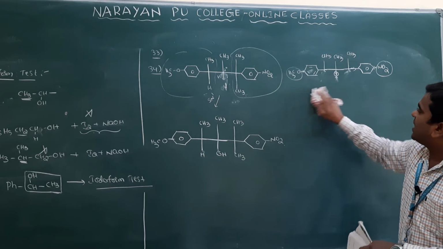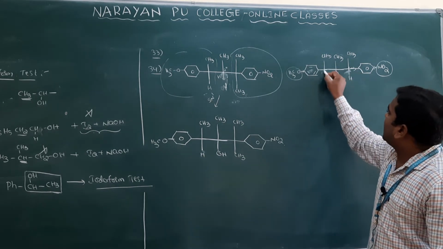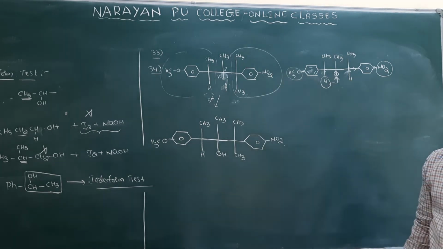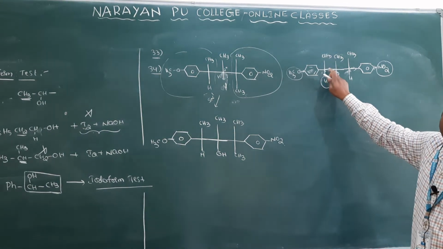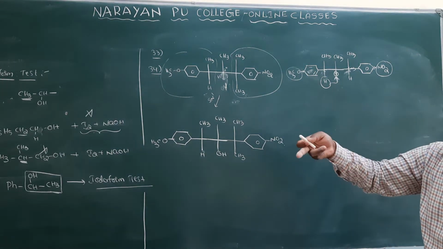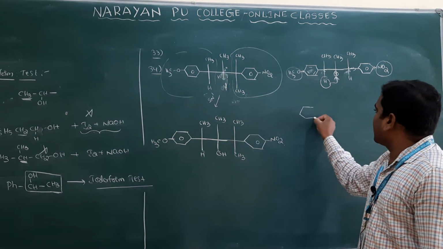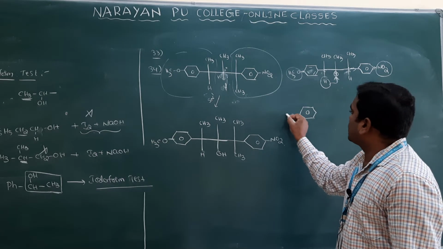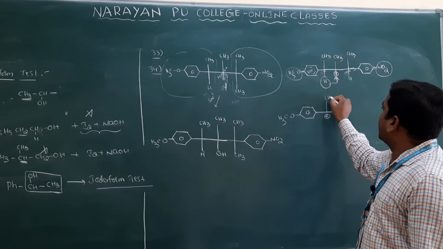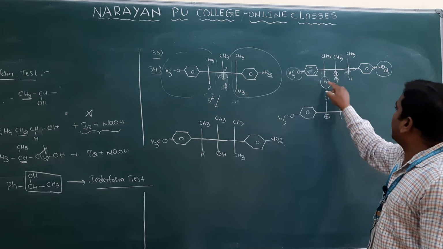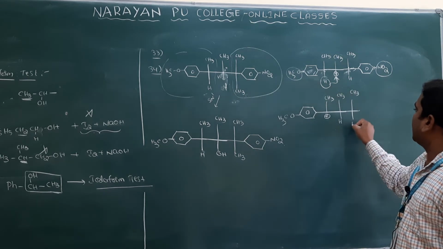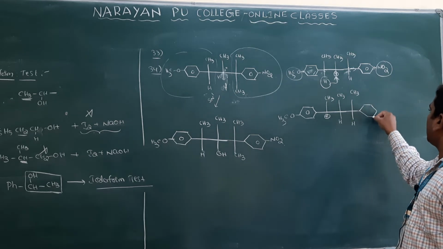That is the reason. So what you have to write here: hydrogen is here and hydrogen is there. Which hydrogen is involved in the rearrangement? This hydrogen, and it will go here along with the bond electrons, and the positive charge will come here, and that positive charge is stabilized by the benzene ring and also electron donating groups. Clear? So what product will you get here? OCH3, and here there will be a positive charge and CH3, and here CH3, with H shifted from here to here, then H, and the CH3H, and NO2.